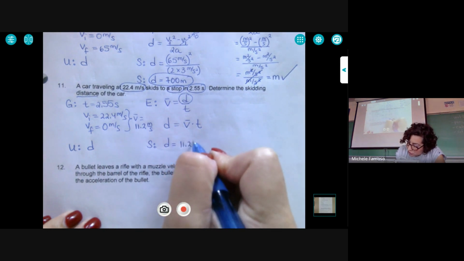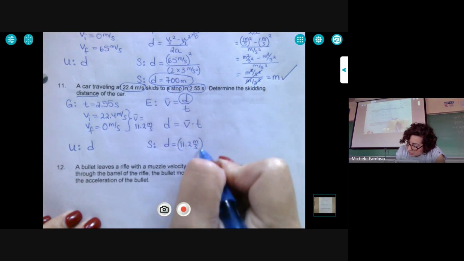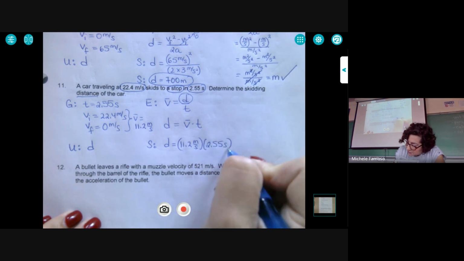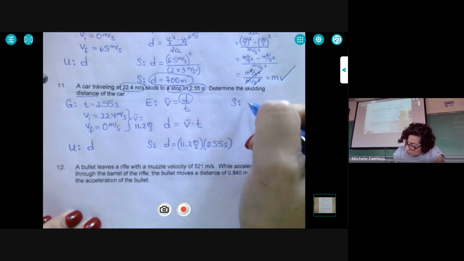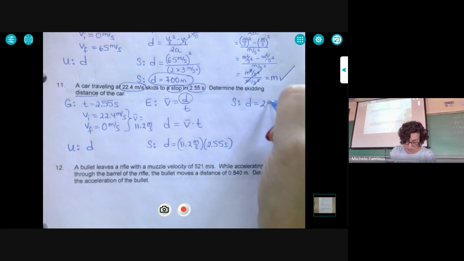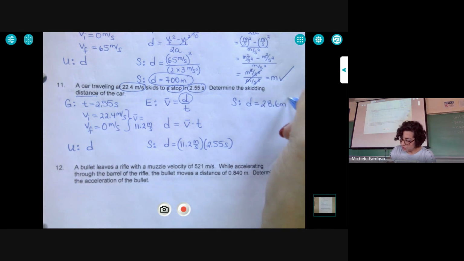So 11.2 meters per second times 2.55 seconds. And now we can solve that for the distance with proper units and sig figs. There's no direction because distance is a scalar. 28.6 meters. 28.6 meters would be correct.